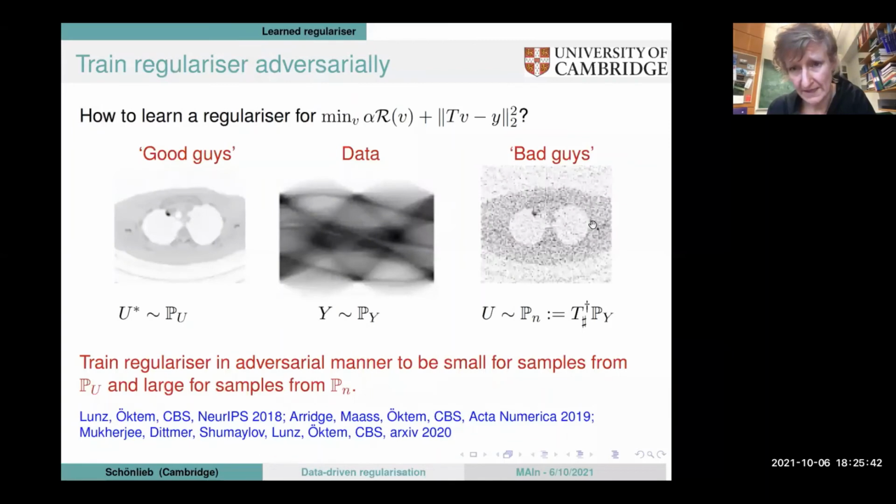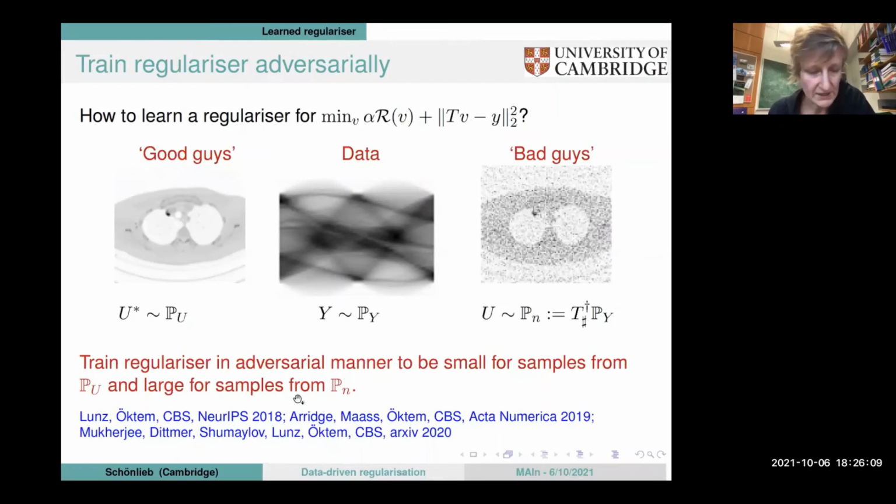The bad guys you can create in different ways, but you could think of the bad guys being solutions to a baseline reconstruction approach that you want to improve upon. So you want a method that is better than what the bad guys are looking like. And here, for sparse angle CT, we used, again, the pseudo inverse, the filtered back projection, to construct the bad guys.